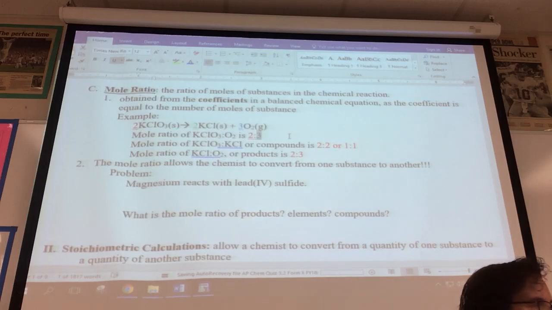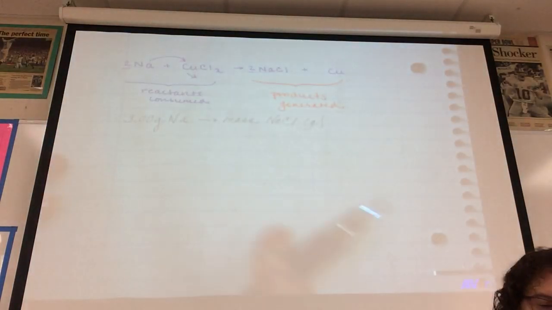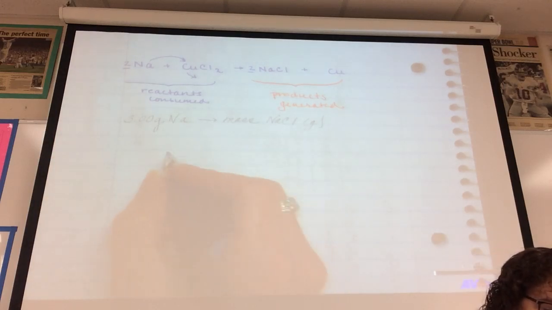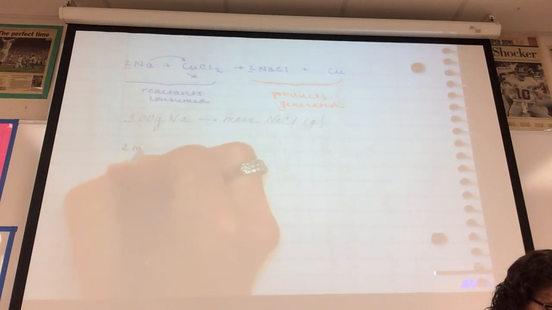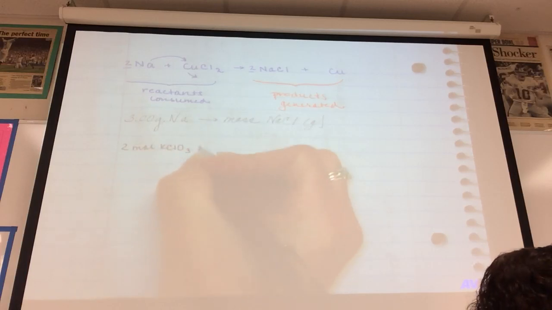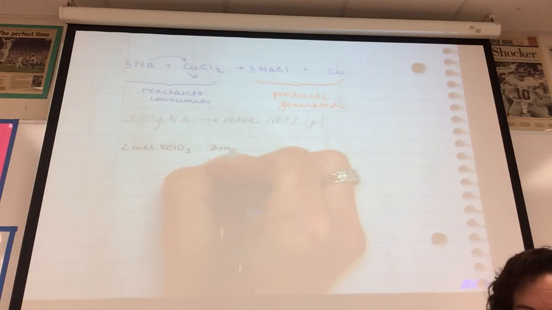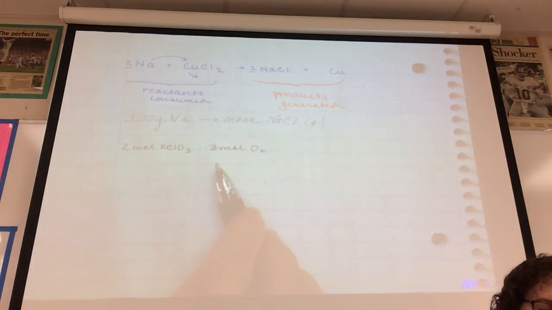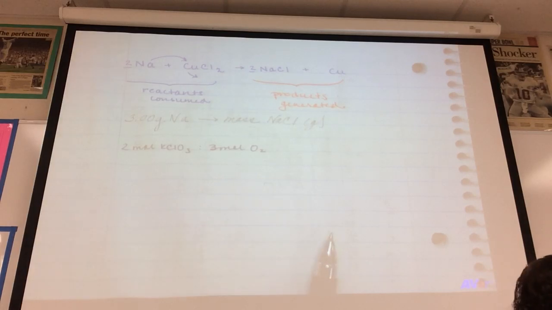You can simply write the mole ratio out as such, although in some instances you're going to see in a few minutes that it also can be beneficial to write it out this way, where you have 2 moles of potassium chlorate to 3 moles of oxygen gas. A mole ratio, coefficients indicate how many moles of each you have.